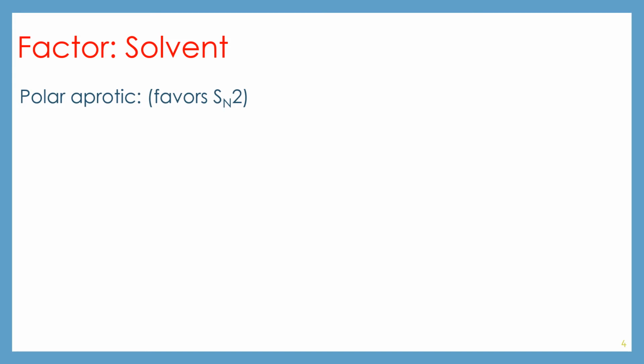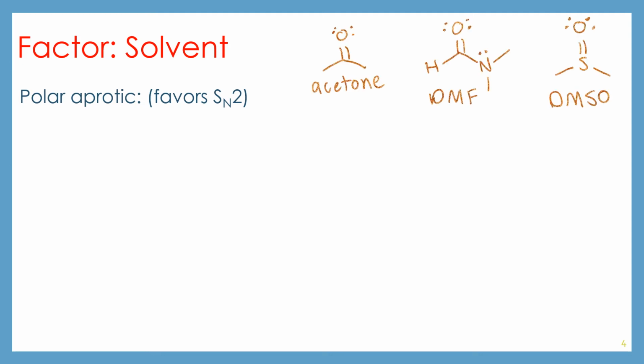So for example, we have two different types of solvents that we use here. You have polar aprotic, which is going to favor SN2 reactions. This includes acetone, DMF, which is dimethyl formamide, and DMSO, dimethyl sulfoxide.